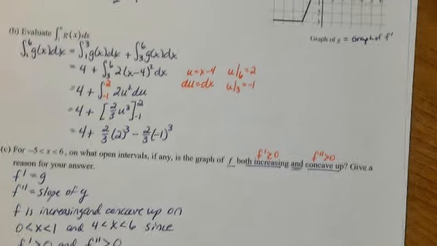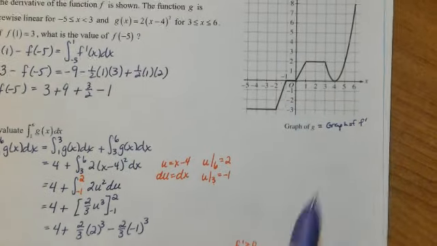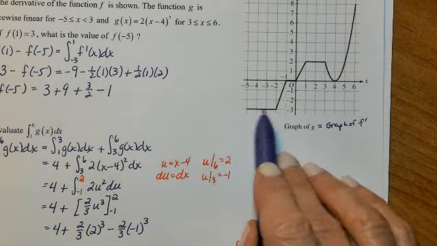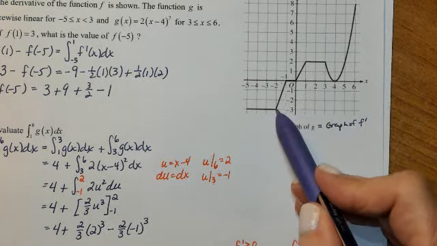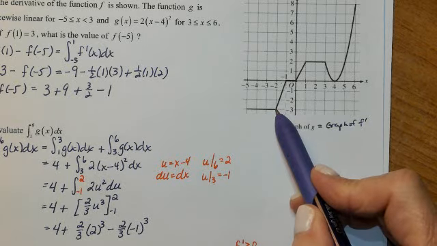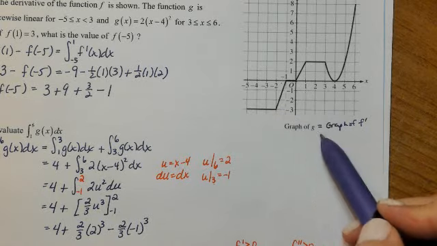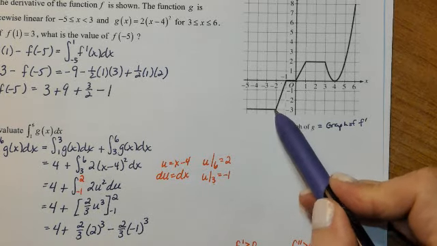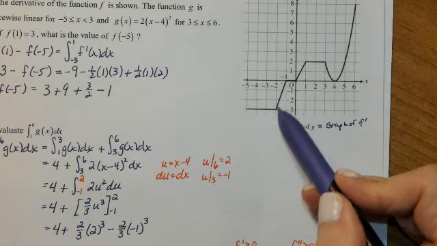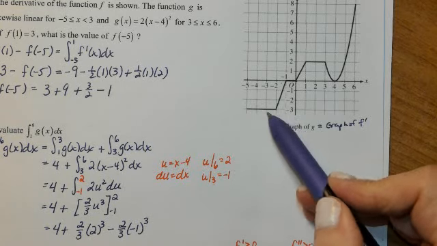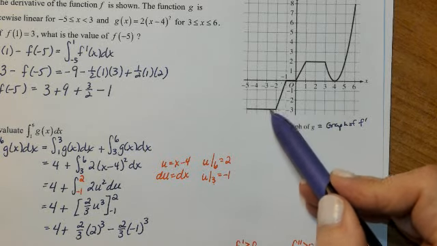So I'm coming up to my graph. The slope, this is an interesting value of x. X equals -2 is an interesting value of x. This point is because the slope goes from 0 to positive. That is not a sign change. 0 to positive is not a sign change.